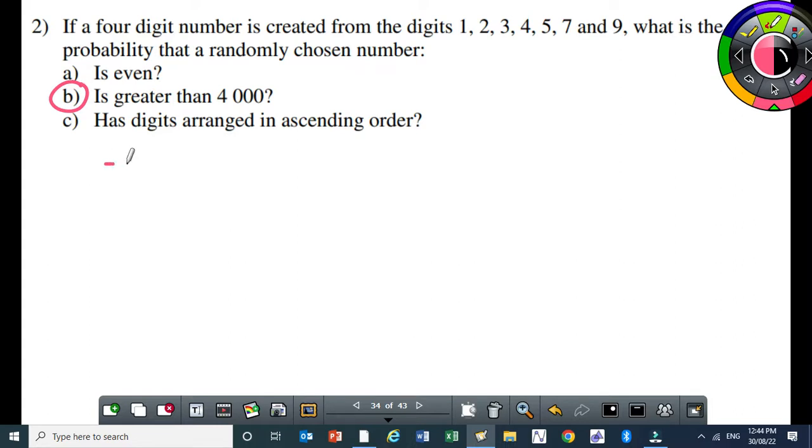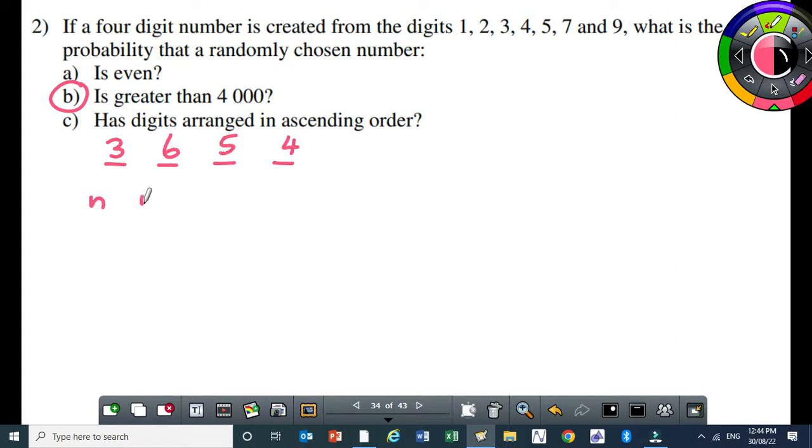Remember, we have 4 positions. If we are going to get a number which is less than 4,000, how many digits are less than 4? 3. So you can put a 1, a 2, or a 3. So that position can be occupied by 3 digits. Then if I put a digit there, I can't repeat it. So I'll be left with 6, then 5, then 4.